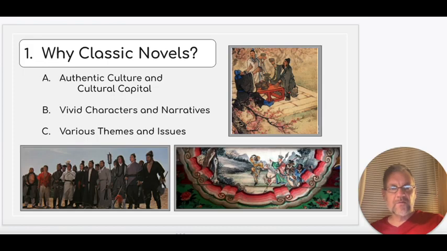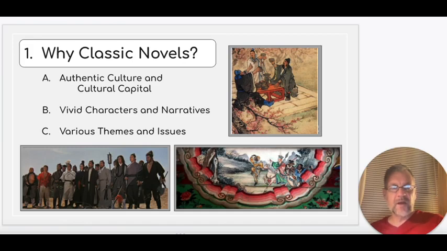So second reason I would give that you want to study these novels is that they are called classics for a good reason. And that is that they're still the most popular and interesting and engaging stories that the Chinese have to tell about themselves.